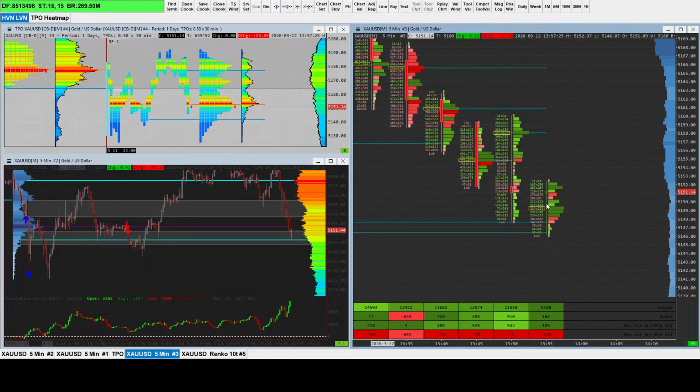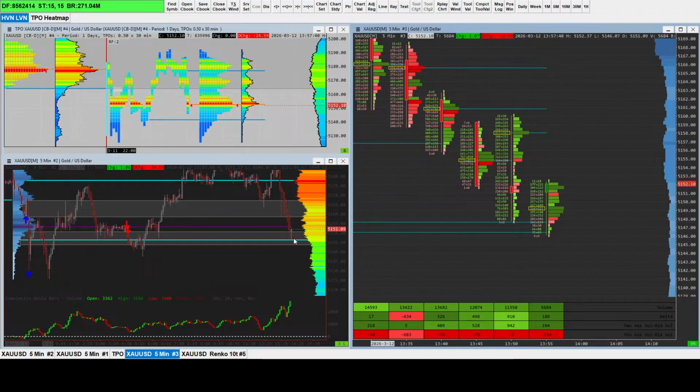This is setting up nicely. If we do have a green candle above all the buyers, or a lot of sellers, and we close above, then yeah, I'm pulling the trigger.